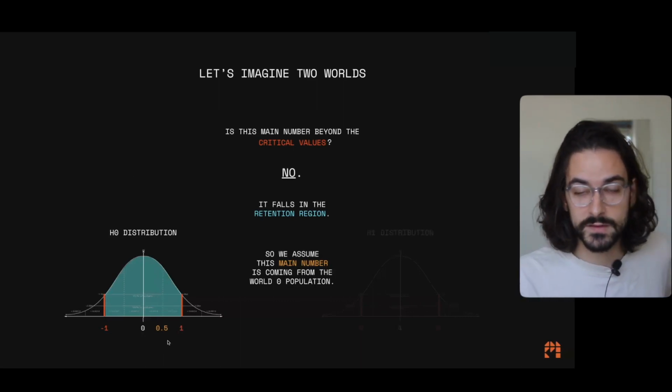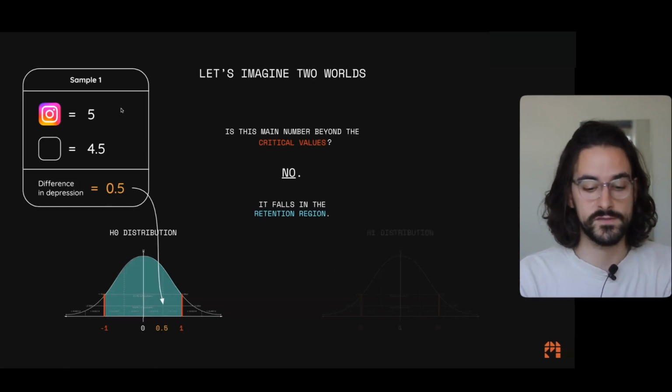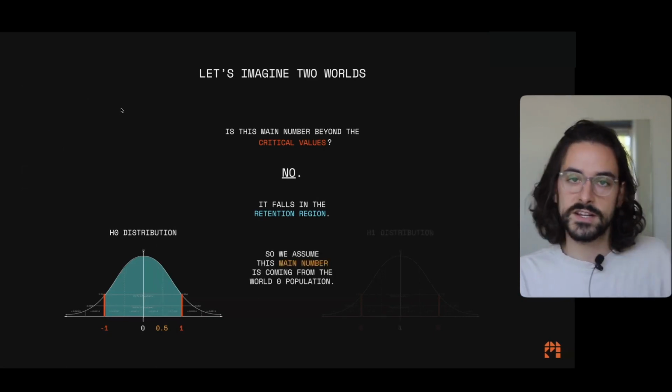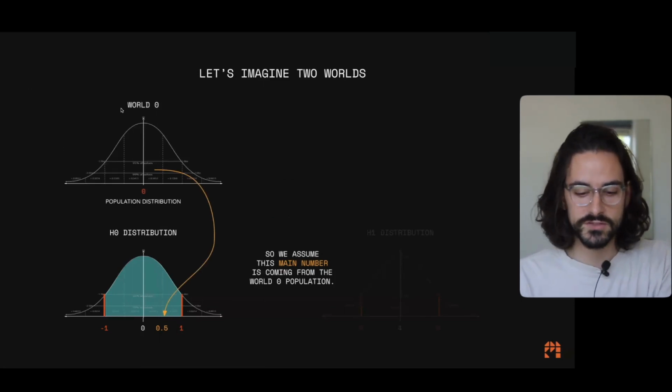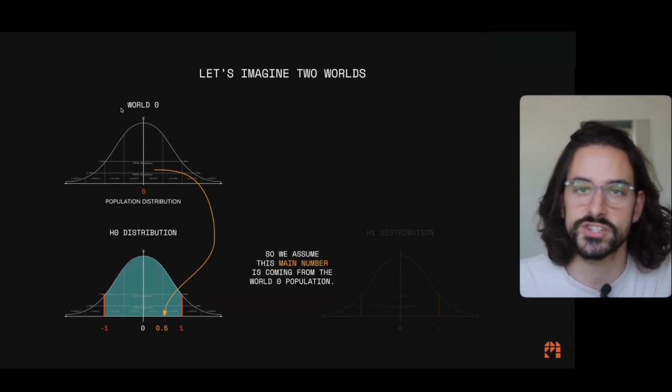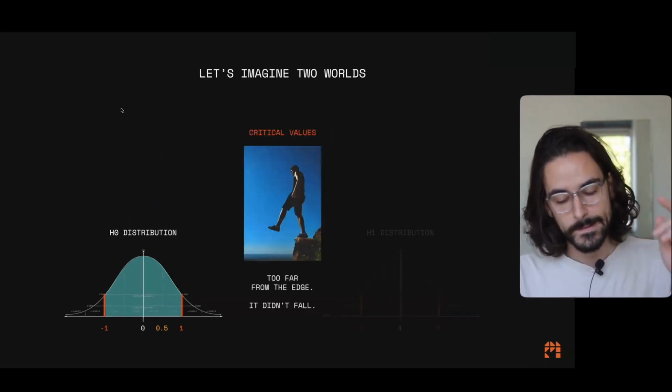But that's not that big of a difference, if you compare the control baseline 4.5 with 5. So we assume that this is actually 0 in the population. This is clearly coming from the world 0 population. It's just some wiggle room. It's just some random error. It's not enough to say that it's coming from the world 1 population.